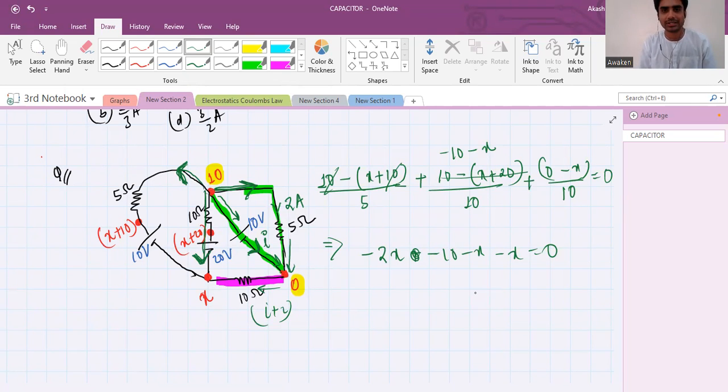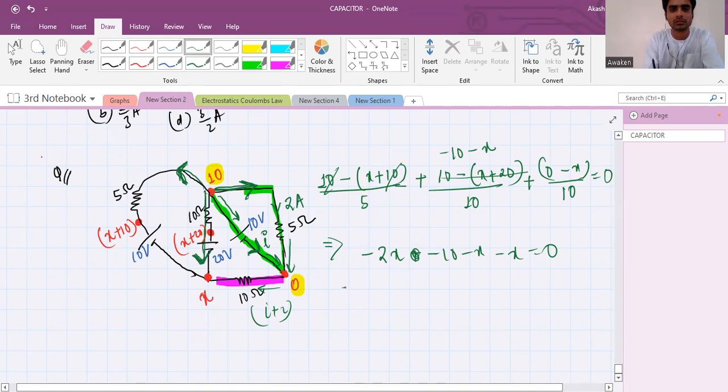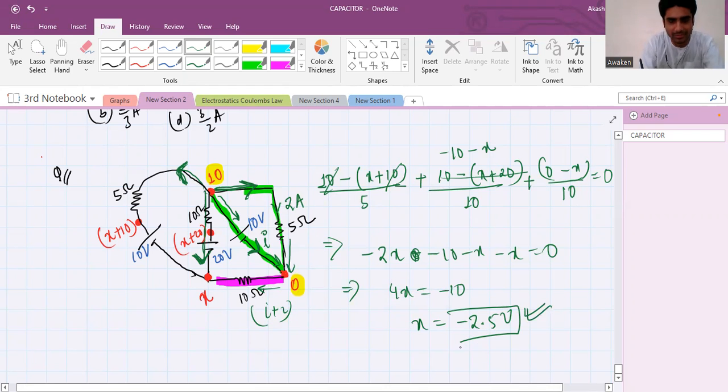Multiplied by 2 on both the sides. Understood or not? Tell me. Yes, sir. Understood. This is minus 2.5 volt. Then we can calculate the current in all the branches.